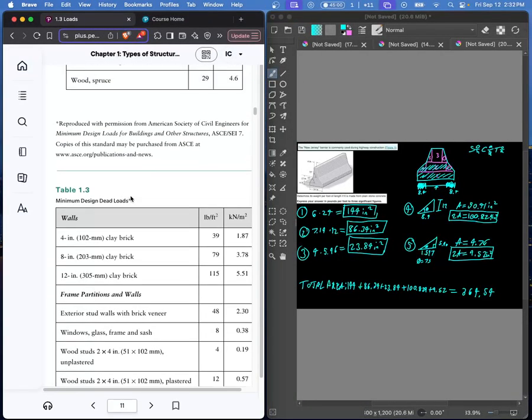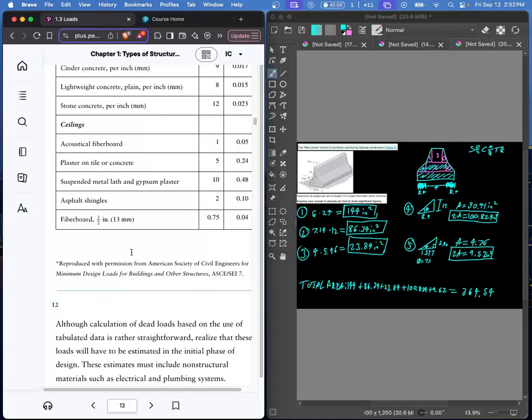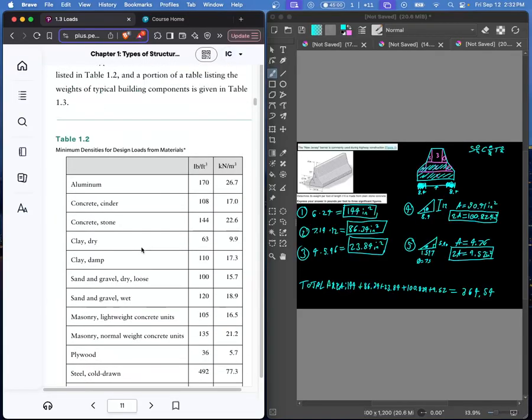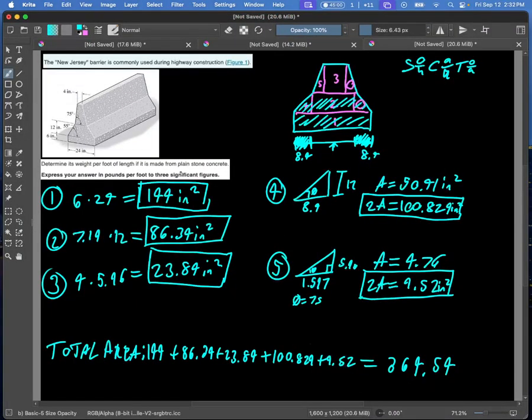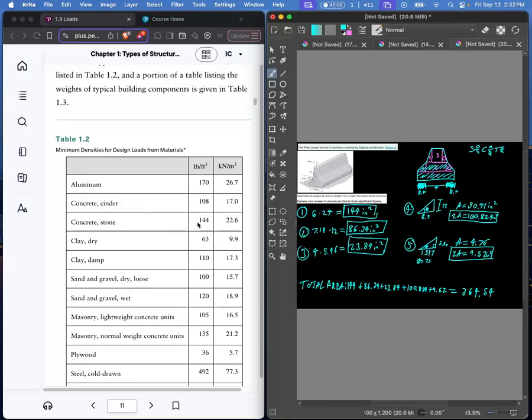And now for the last step. Let's come here and, boy, this is dead loads up here. What did they call this? They called this stone concrete, which is 144 pounds per foot cubed.